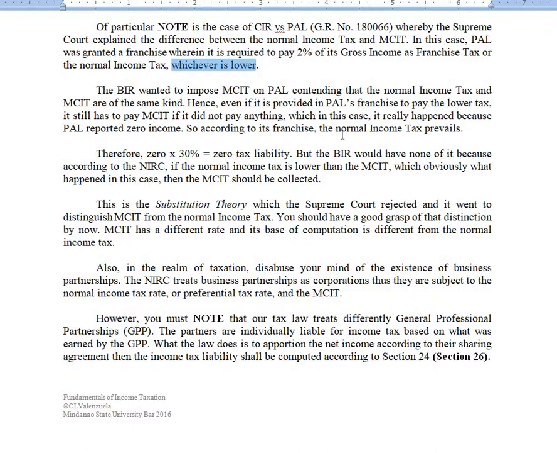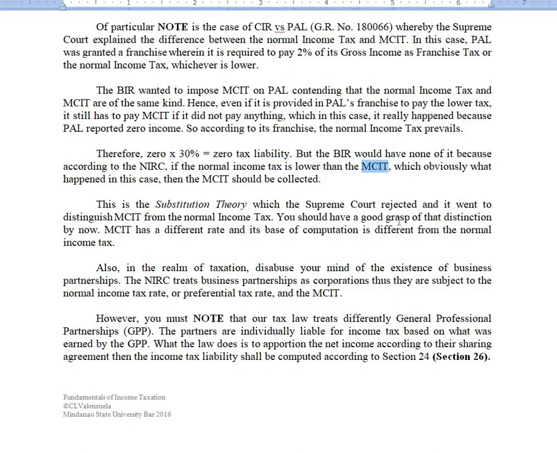Now, the BIR wanted to impose MCIT on PAL because in this case, PAL reported zero income. So 0 times 30% equals zero liability, right? So under the principle of MCIT, if the normal income tax is lower than the MCIT, which obviously happened in this case, MCIT prevails.